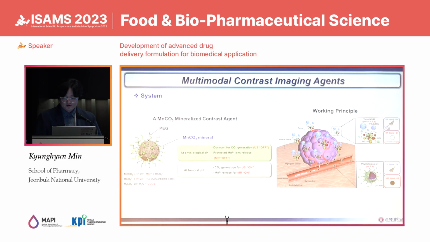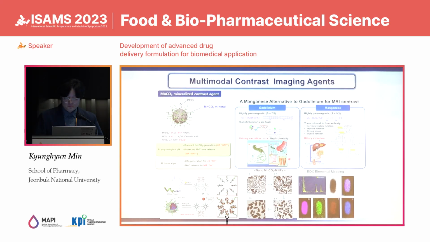After reaching the extracellular matrix of the tumor tissues, they may display the US-MR multimodal imaging functions by generating carbon dioxide microbubbles and manganese ions. So this is an on and off system.